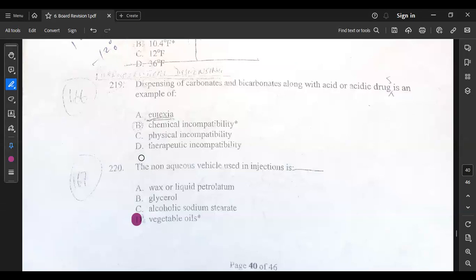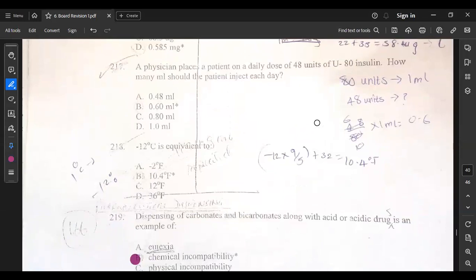Do we agree question 219, it's chemical incompatibility? Okay, can we move on? Is it because they'll form the salt?